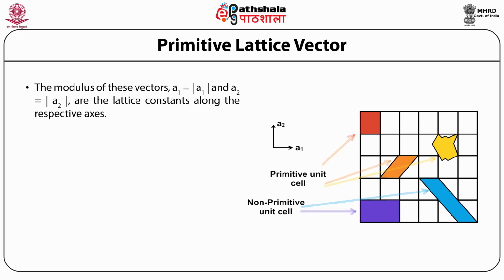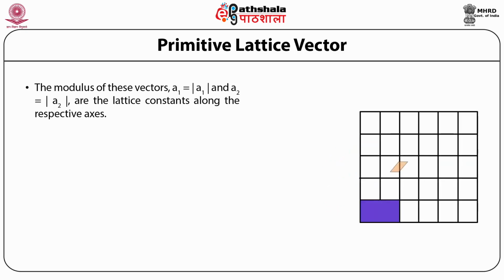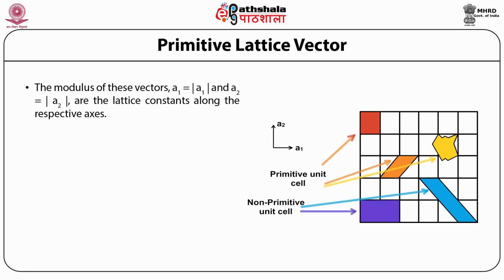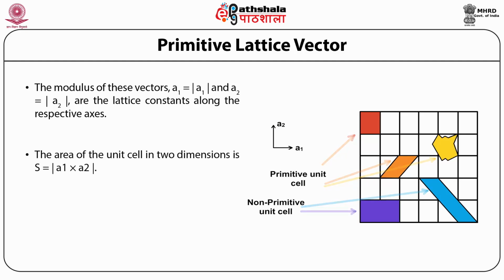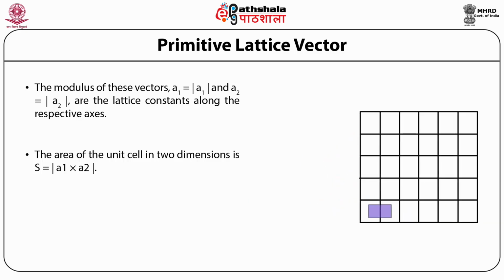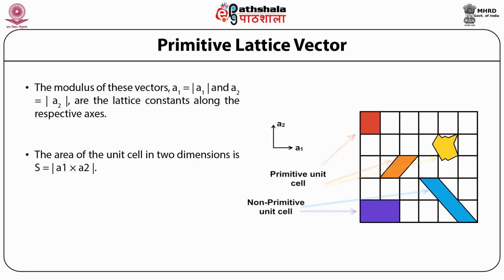On the right hand side we have a big square and some small rectangles, and on the left hand side there is a shaded one. Here a1 and a2 are two primitive vectors which you have defined, and our lattice cannot be smaller than that. The idea is that the area of this cell is the smallest possible area of a given cell, which you also call a primitive cell.